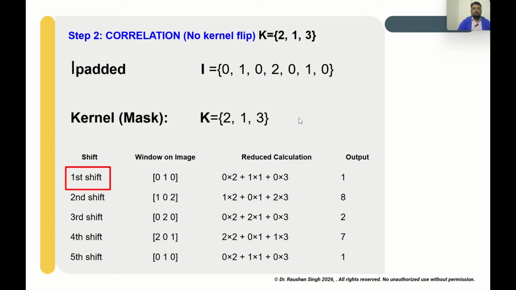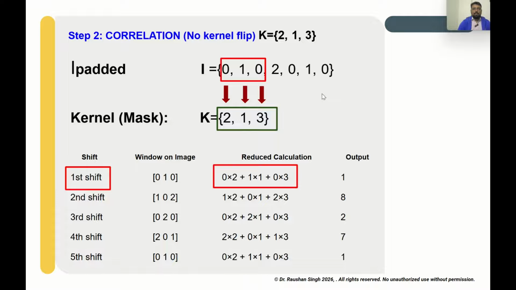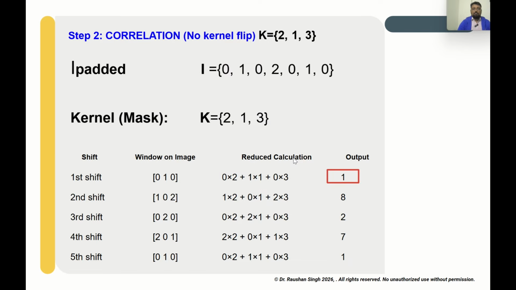For the first shift, we calculate with the window 0, 1, 0 and the kernel mask: 0 multiplied with 2, 1 with 1, 0 with 3, and you get all the additions. The answer is 1. Then we go to the second shift.